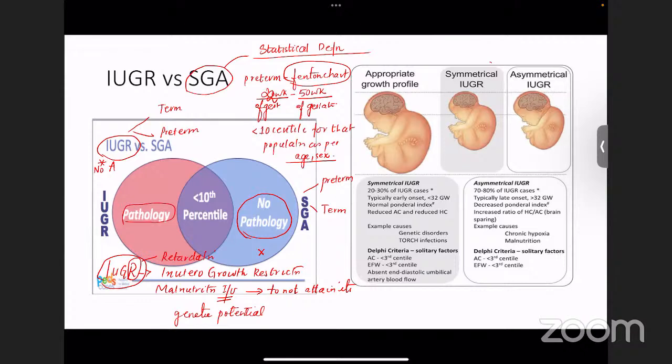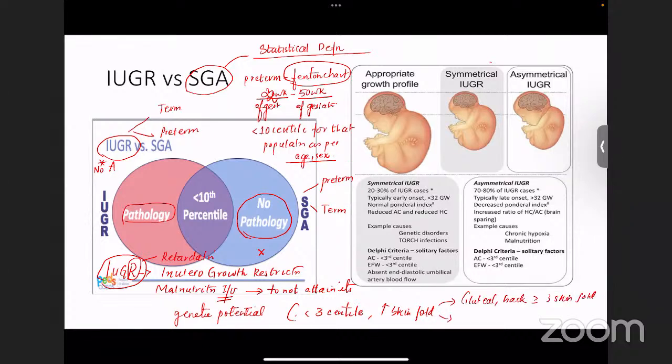If they ask you to identify a baby who has IUGR, always see that their weight will mostly be less than the 10th centile. In some babies it will even be less than the 3rd centile. That is one of the typical features you will see. They have more skin folds, mainly more than 3 skin folds in the gluteal region on your back. They also have an old man face because they have no subcutaneous fat, and peeling of skin.